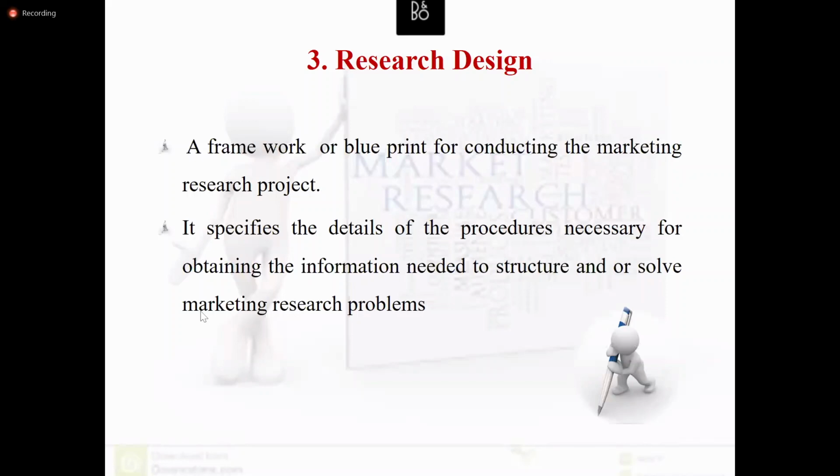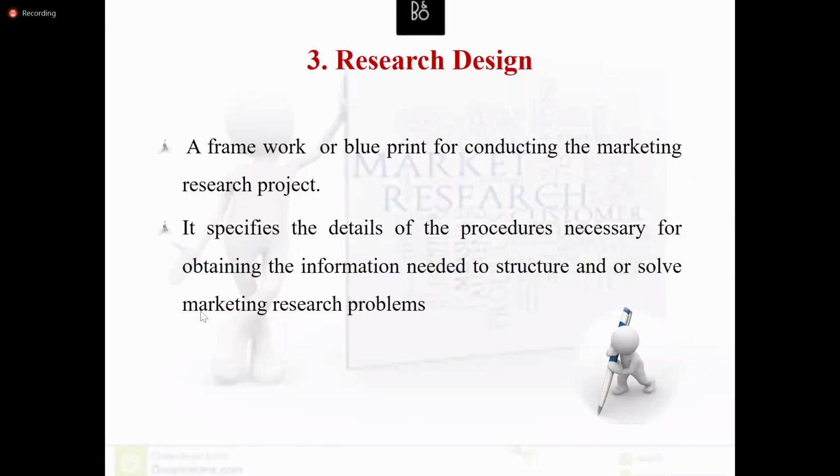Because in the research design, though we have identified the research problem and the approaches, how we can approach the problem, beyond that there are other things for us to consider. Now, how can we identify the population, that is, the study population through which we are going to collect the information?